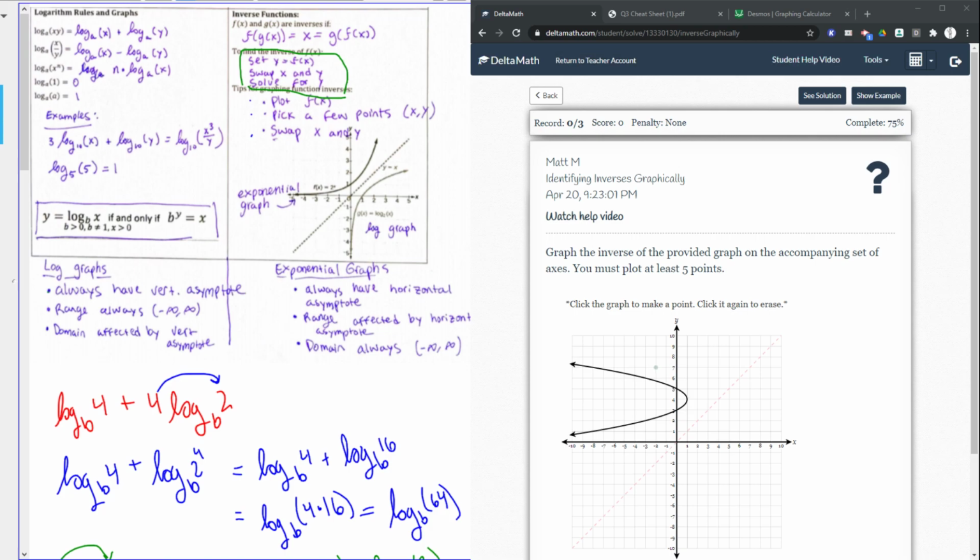Okay. So what would be a good one here? It looks like here's one. That's 1, 4. So if we switch that, 4, 1. Where does it cross the axis? 0, 5. So that's going to become 5, 0.